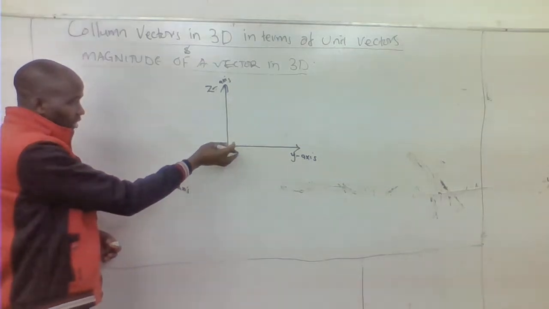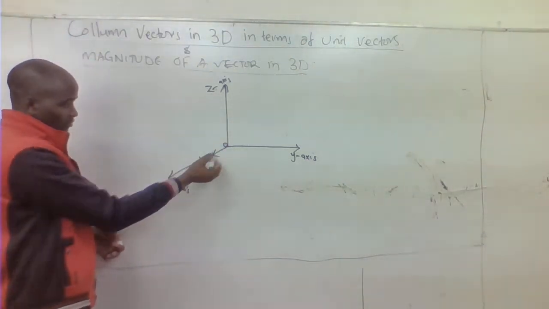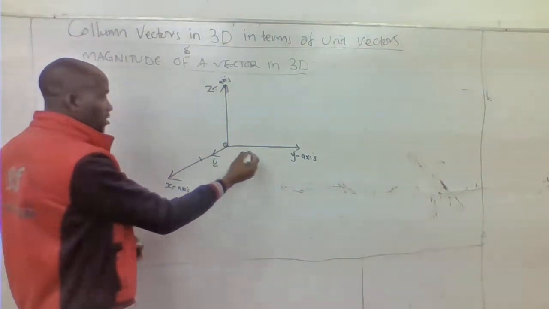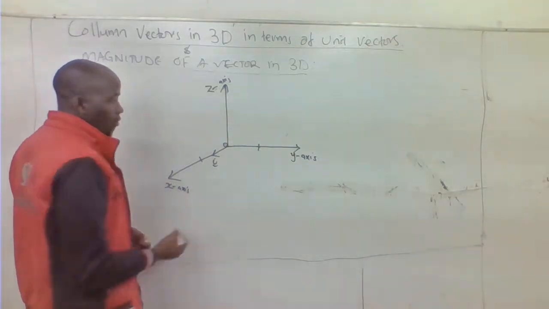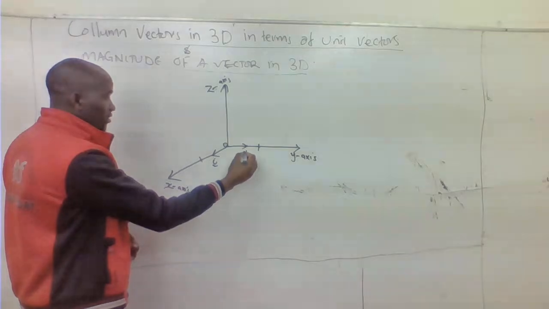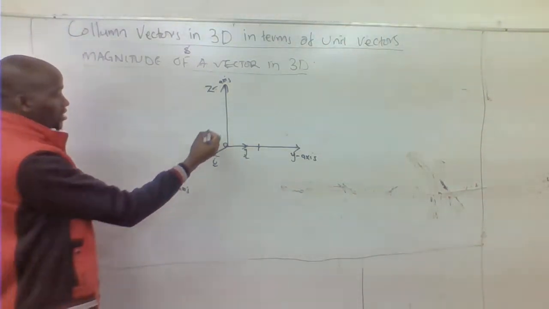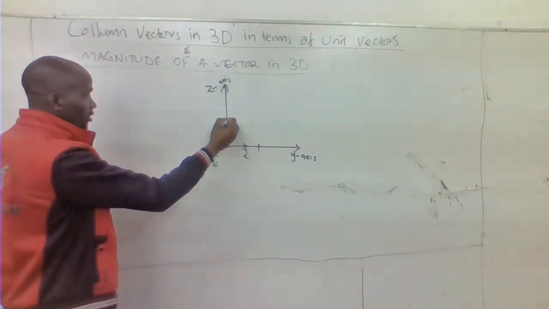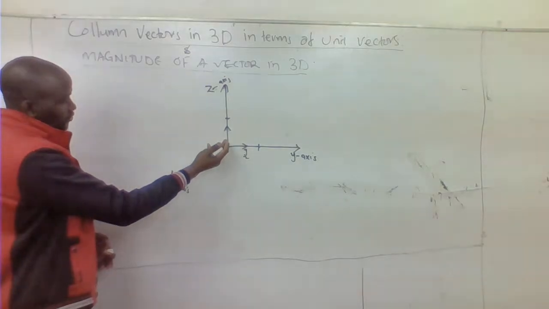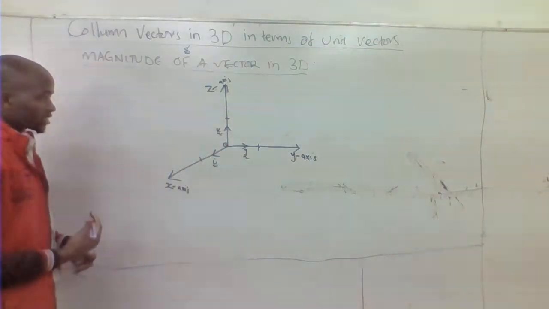So displacement along the x-axis, 1 unit from the origin, is represented by vector I. Then we have displacement along the y-axis, 1 unit from the origin. We abbreviate it using vector J. And we have displacement along the z-axis, 1 unit from the origin. We abbreviate it using vector K.